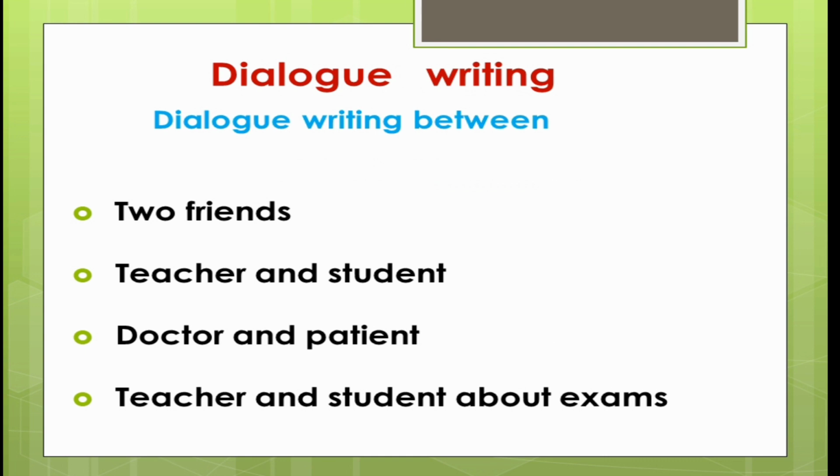Well, you can see on the screen, a dialogue between two friends, teacher and student, doctor and patient, or teacher and students about exams, or a dialogue between two persons about different topics, their arguments, their opinions.